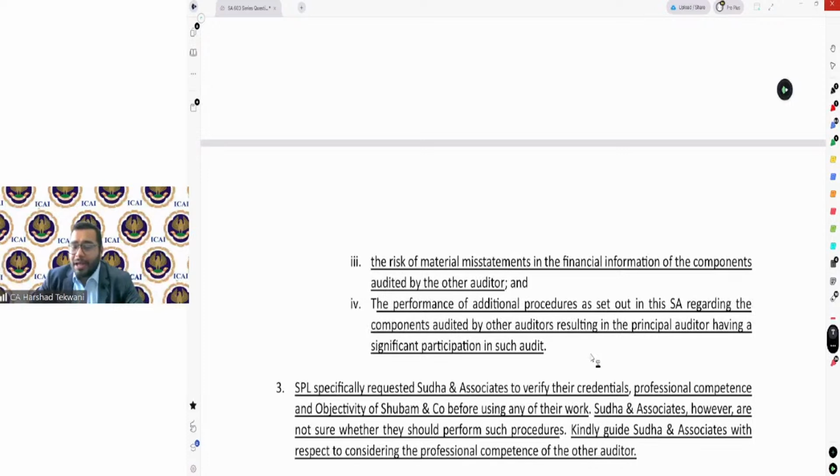If that is the case, then the principal auditor can demonstrate his participation in the audit, and it will be fine to consider themselves as a principal auditor. So it's about the performance of the procedures by the component auditor, and based on that output, the principal auditor can satisfy their participation as a significant participation in the audit. Yes, then it is fine. So that was point 4.